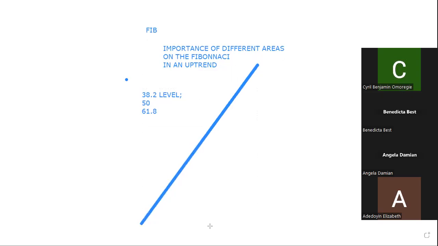Are you there? But note, if your candle closes below the 61.8 level, now there's a trick there.